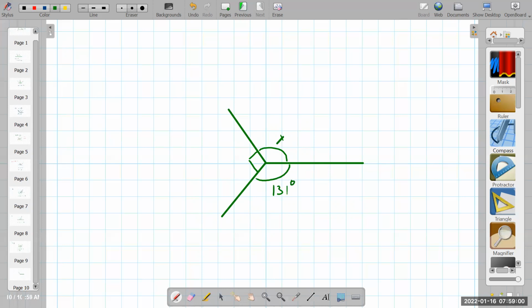So who will tell me now the value of x? The sum is equal to 360. X is equal to 360 minus 131.